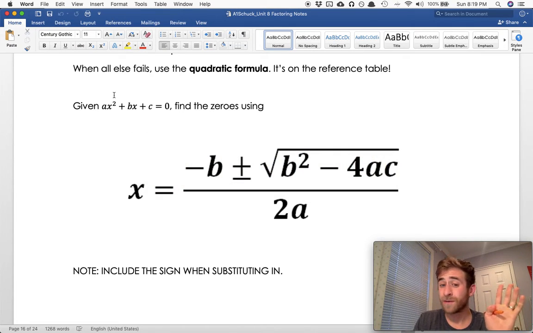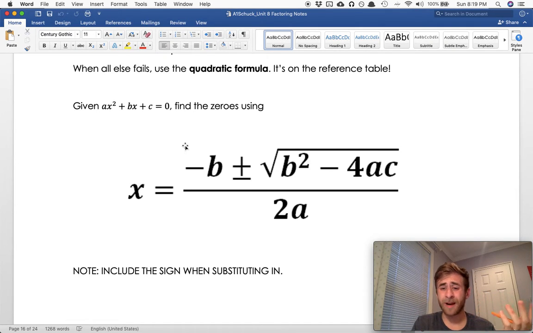Now, that's just for identifying a, b, and c, so you can plug a, b, and c into this beast of a formula. If you have a reference sheet, great, right? You just write the formula out, plug in your a, b, and c, and you're good. If you don't have a reference sheet, I like to do this: I had it memorized to the Jack in the Box song.